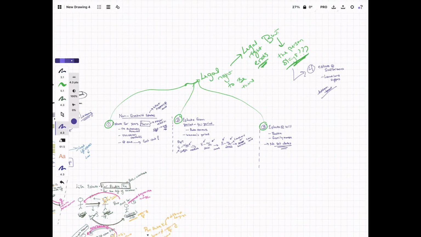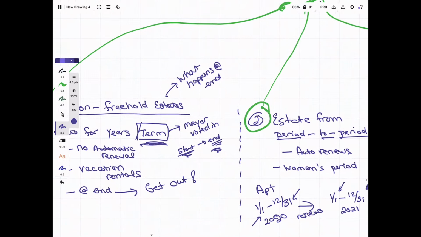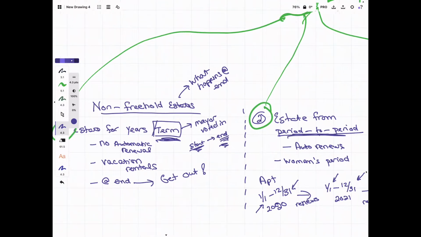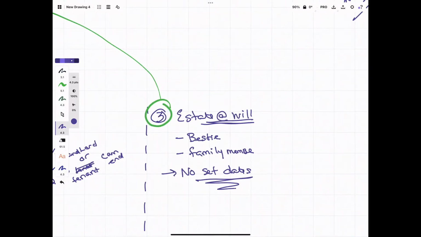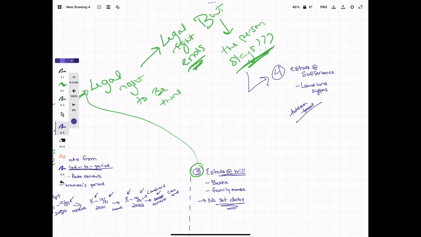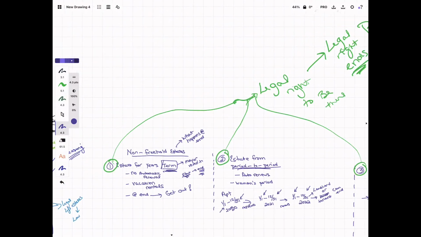So it really means you got your estate for term, your estate from period to period, your estate at will, and number 4 is all the way over here, the estate at sufferance. Where does that look like on our chart?